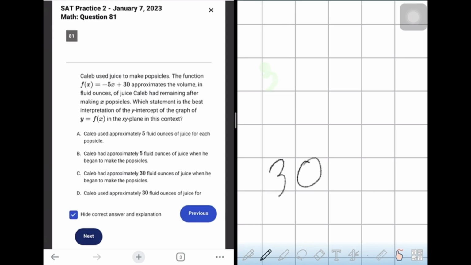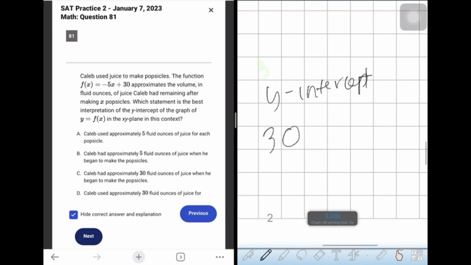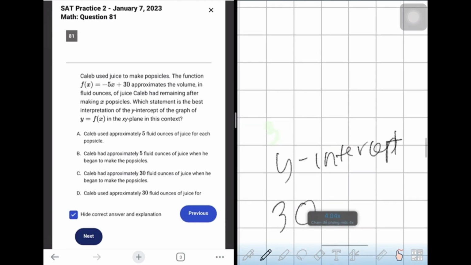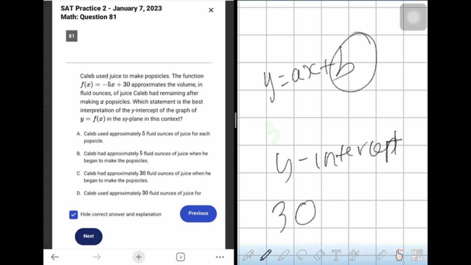Wait, they ask about the y-intercept. Now I will repeat some concept. Okay, y equal ax plus b, so b here is the y-intercept and a here is the slope, so we just need to consider b. So here in the question it is 30.